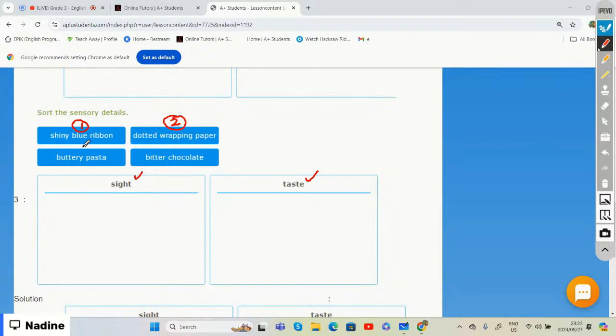Number three, buttery pasta. And number four, bitter chocolate. We need to sort out these sensory details under things that you can see, which is sight, or things that you can taste.